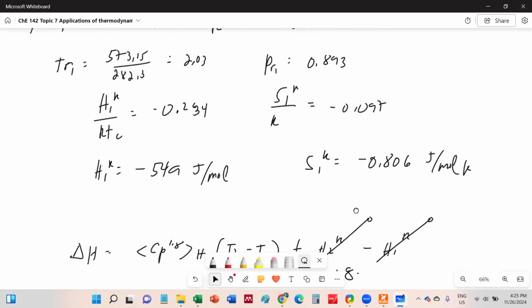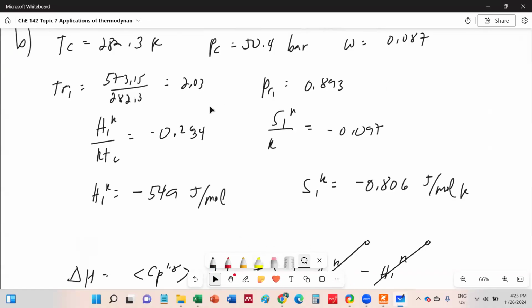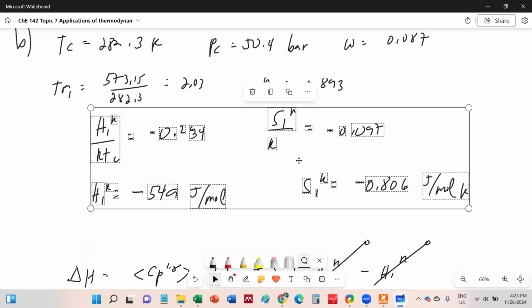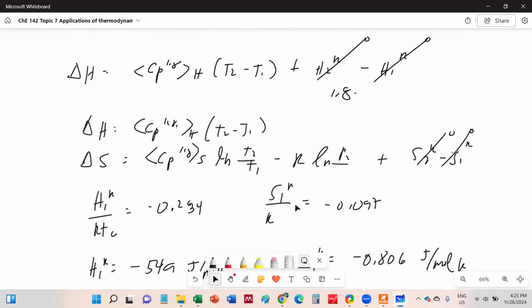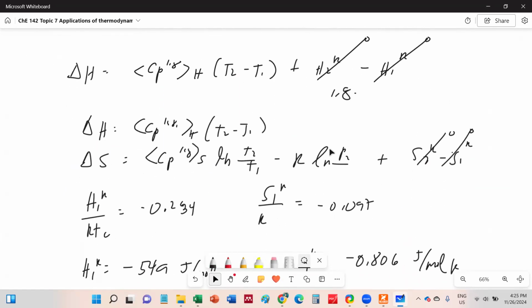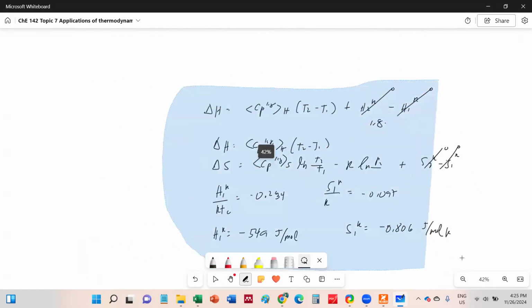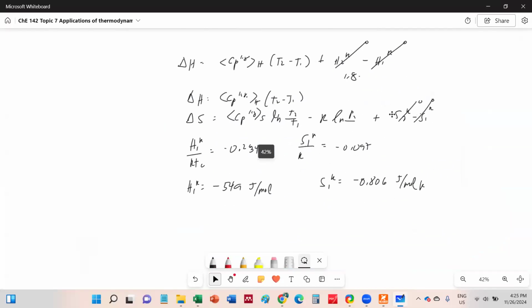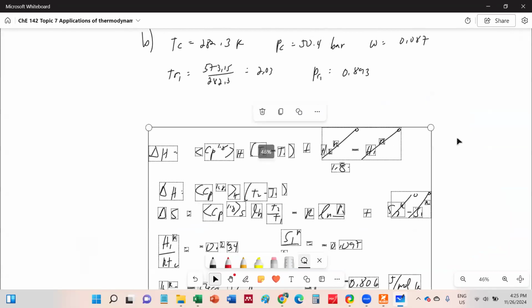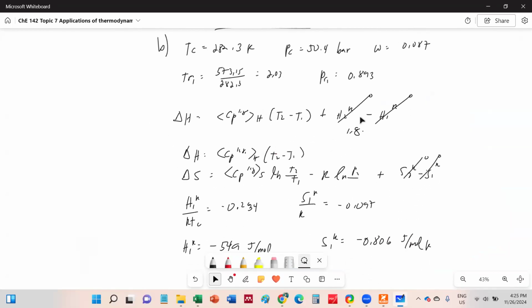This is our working equation, so this should come first.